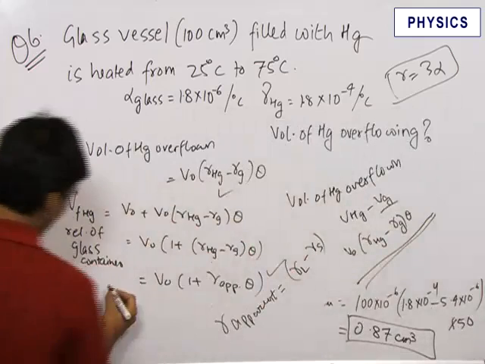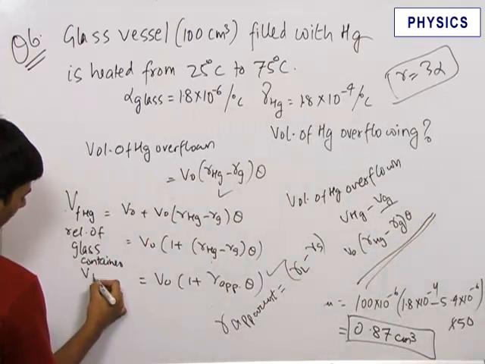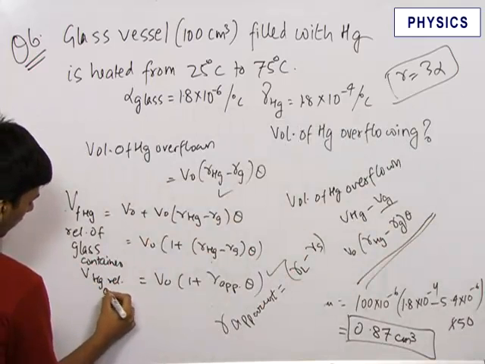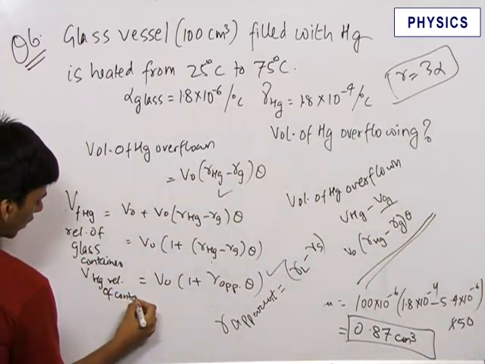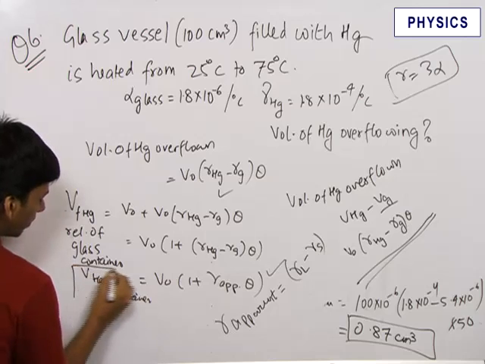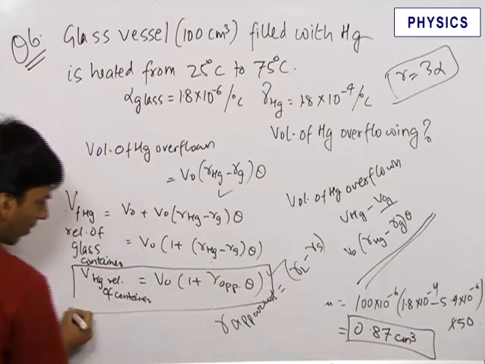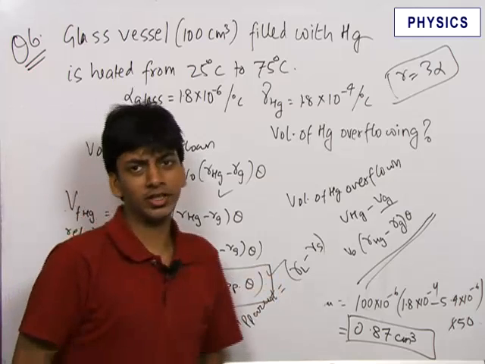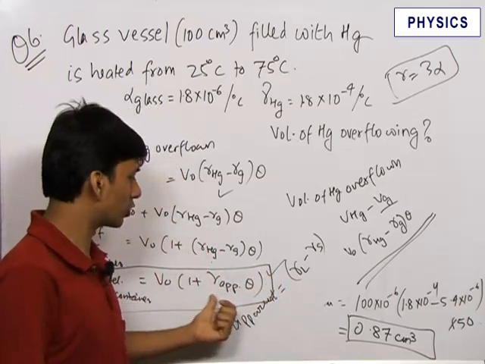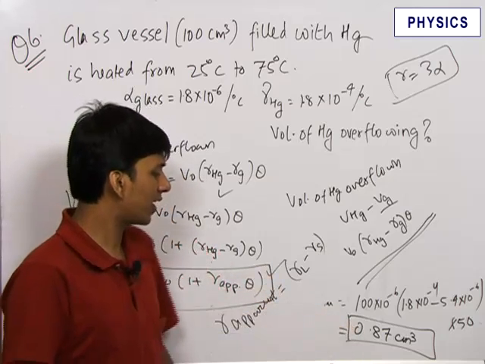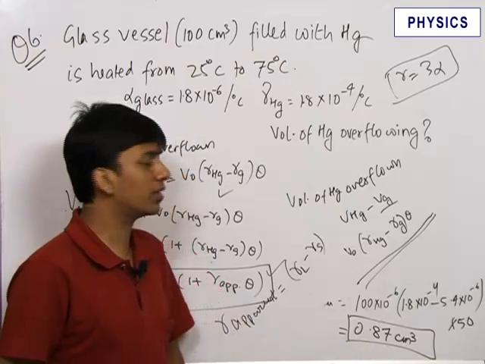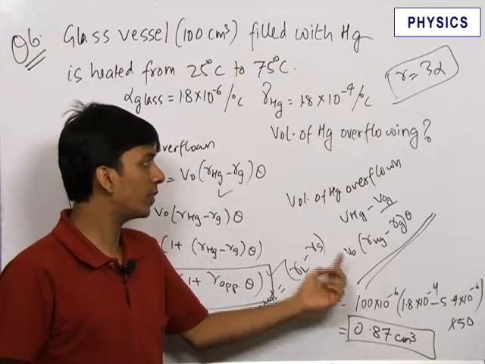So you can also remember this formula, volume of Hg final relative to container is equal to V0 into 1 plus gamma apparent into theta, and using this formula also you can get the same answer. So the final answer comes out to be 0.87 centimeter cube of volume of mercury overflowing.